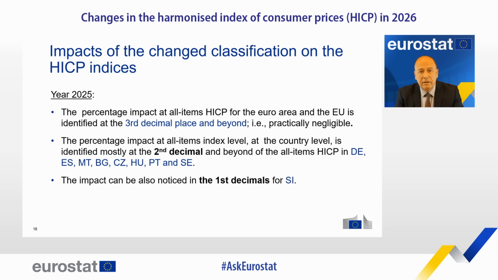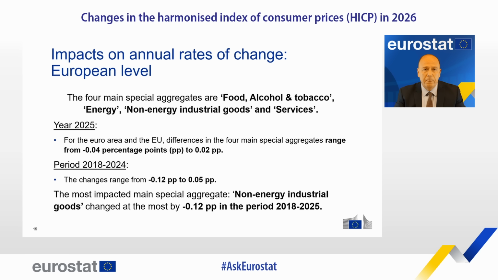The percentage impacts at all items index level for a group of countries may be identified at the second decimal for ad hoc cases of countries, or even in the first decimal for one country. Now, discussing the impacts at the European level and for the four main special aggregates, for the year 2025, these are identified at the second decimal place.